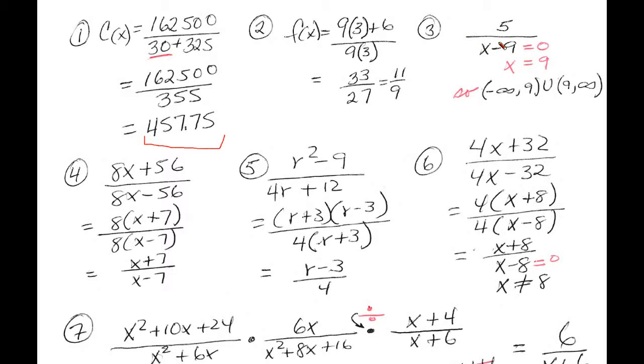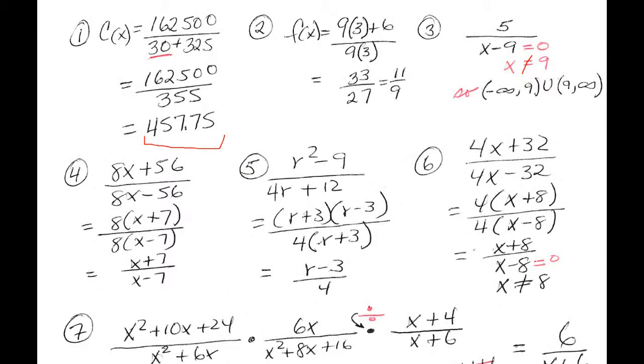So that would be undefined. So our domain of x comes from negative infinity up to just before 9, in union just after 9 to positive infinity. So another way of looking at this would be all real numbers but x cannot be a 9.